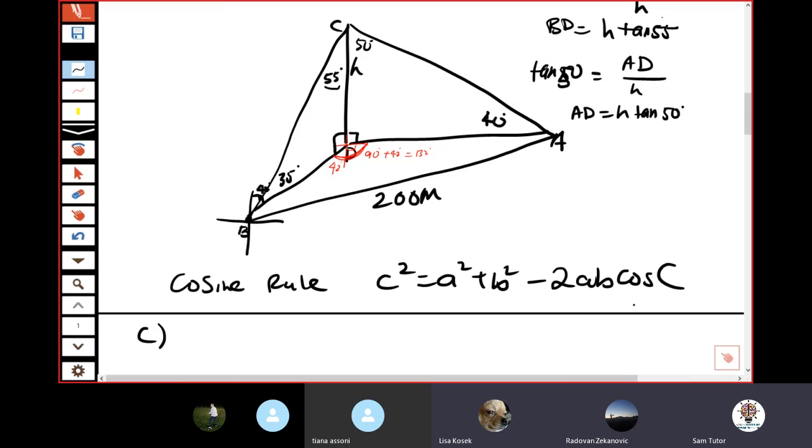And what was important about cos C? Cos C had to be opposite this C. So, for example, these two are going to be opposites of each other.